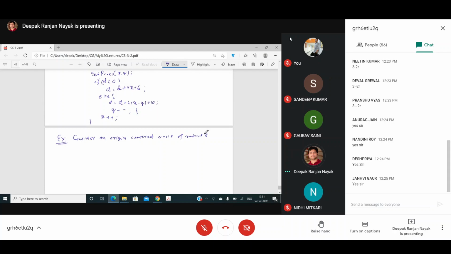You have to find out the pixels, or sometimes in the questions you will be asked to find the pixels in the first quadrant.